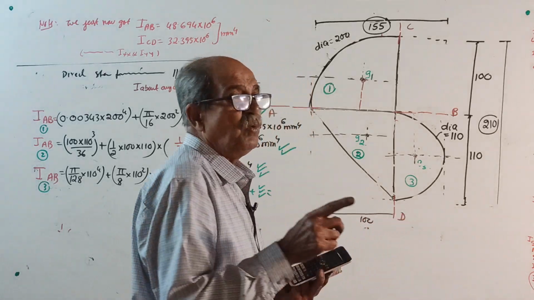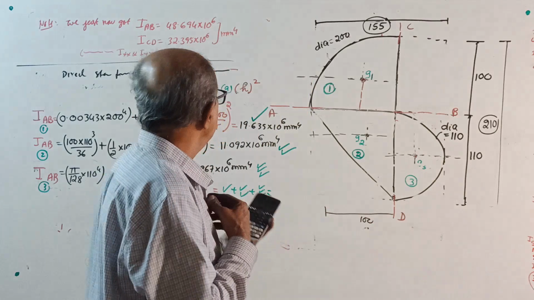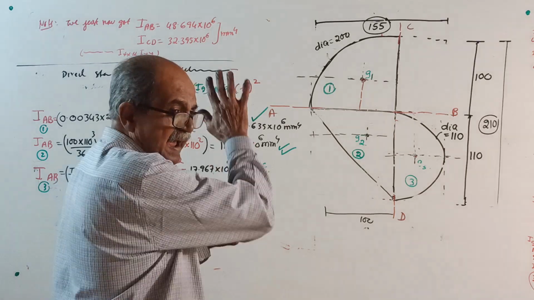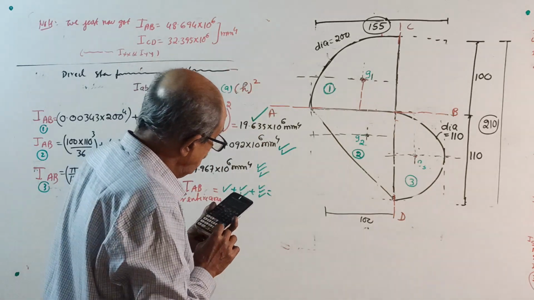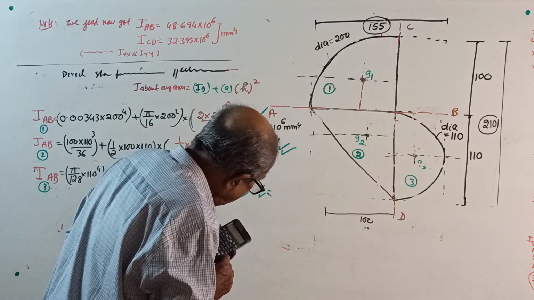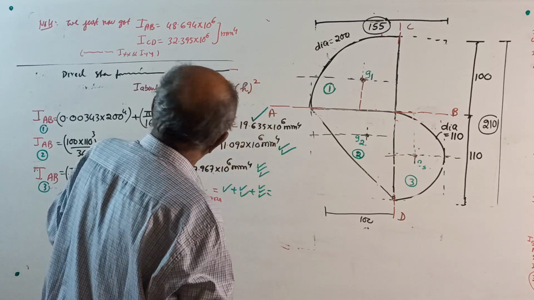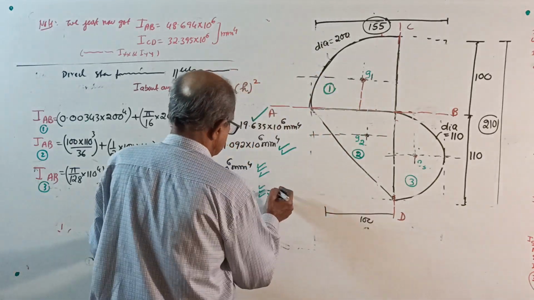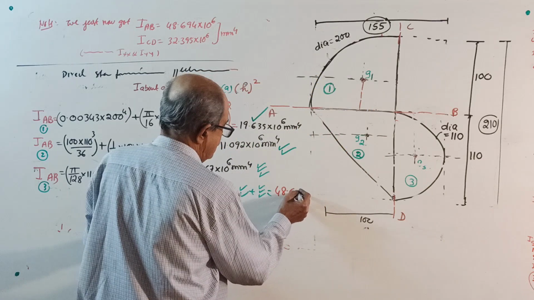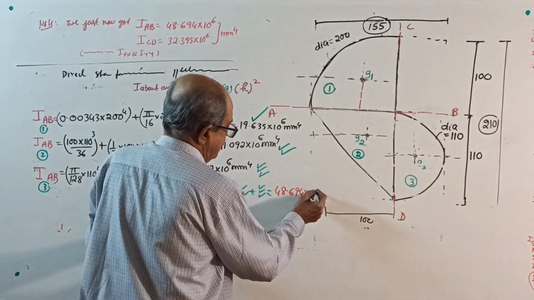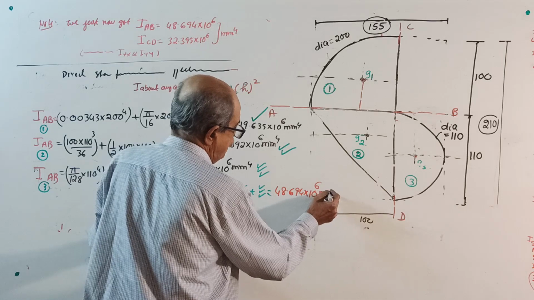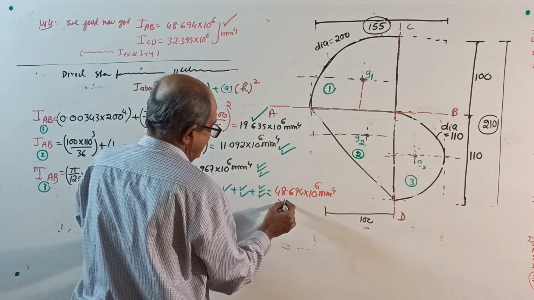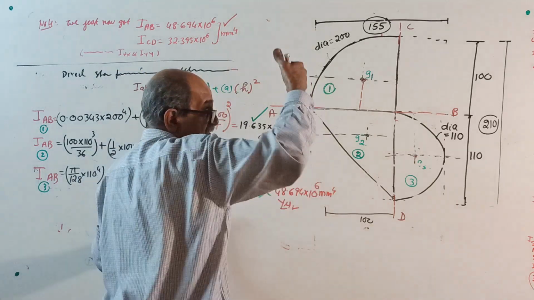I am checking only because if any mistake is there, I can make out. Plus 17.967. 48.694, 10 to the power 6 millimeter power 4. Yes, this way. Okay.